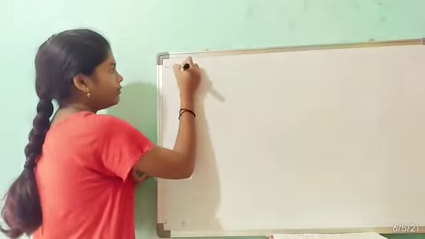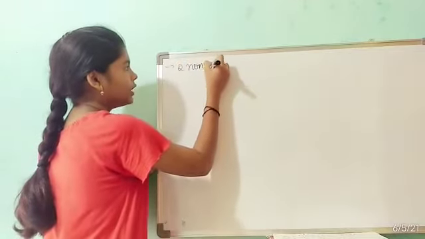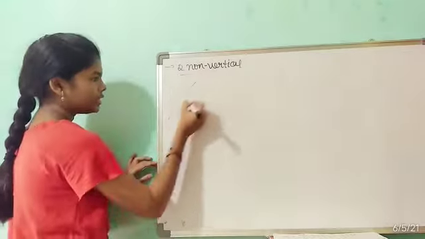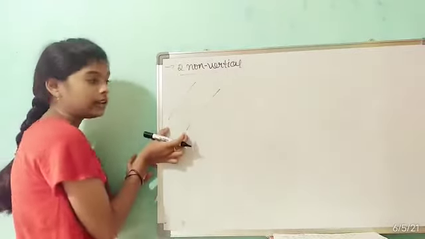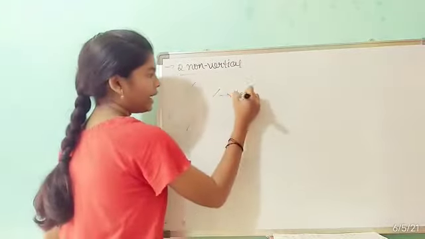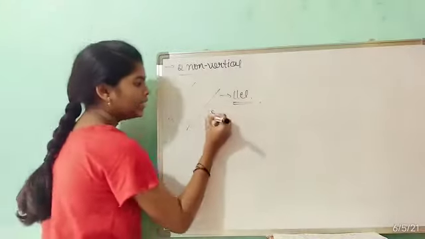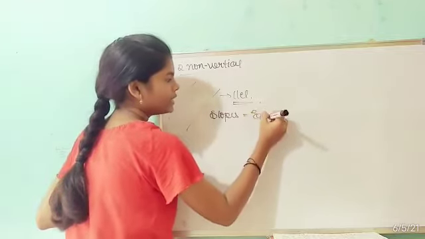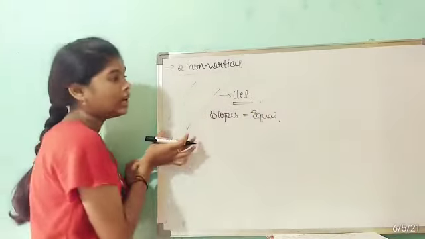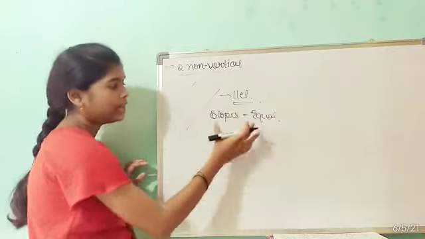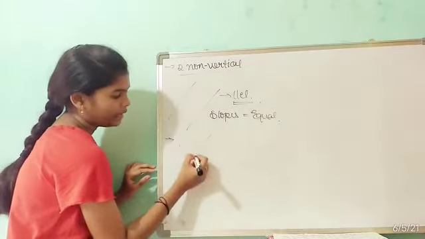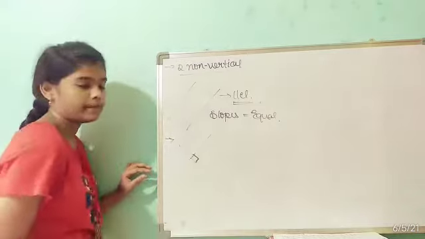If we have two non-vertical parallel lines, suppose like this, two lines are parallel, then their slopes will be equal. This is the condition. If two lines are parallel, their slopes are equal. Suppose these two lines are perpendicular, at 90 degrees.